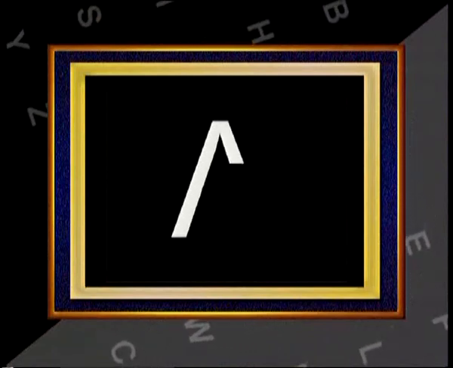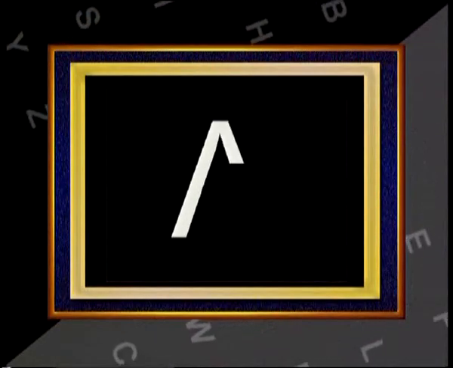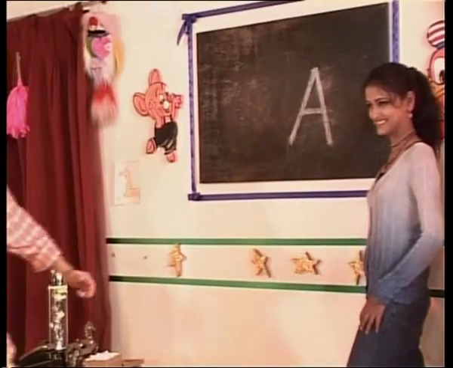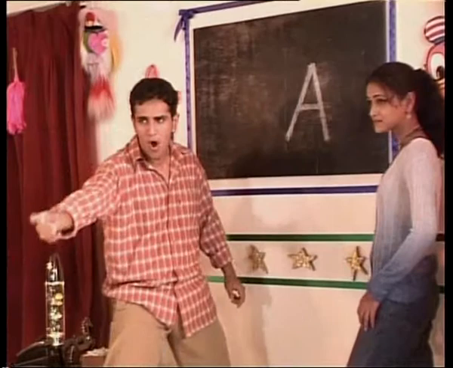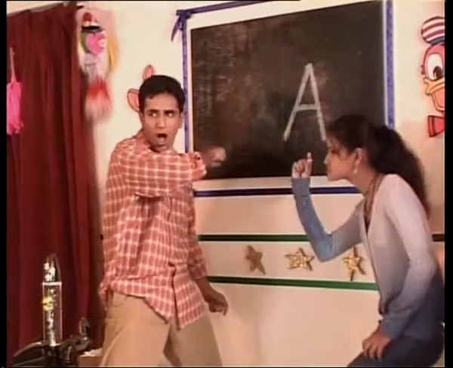One zig line, another zig line, and a sleeping line. Kids, this is known as a capital A. Isn't it easy? Let's write it again. One zig line, another zig line, and a sleeping line. And so, we have a capital A. Now I will show you how to write a small a.